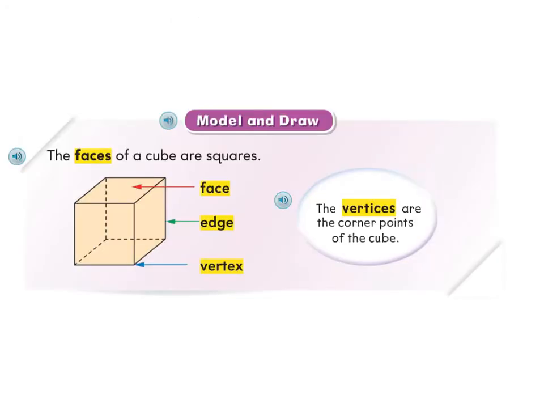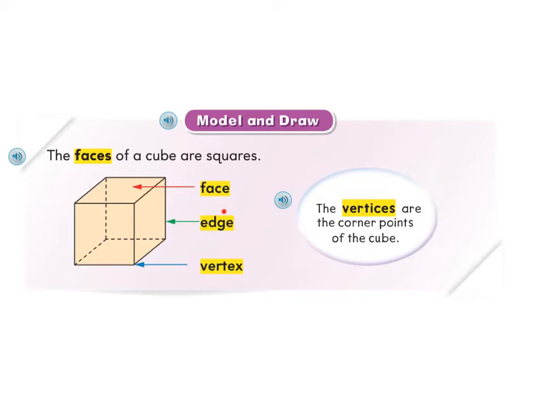So we're going to learn some new vocab words today. We're going to learn what a face is, a face of a cube, or a face of a 3D shape, an edge, and a vertex. So the face of a cube is like the side of it.